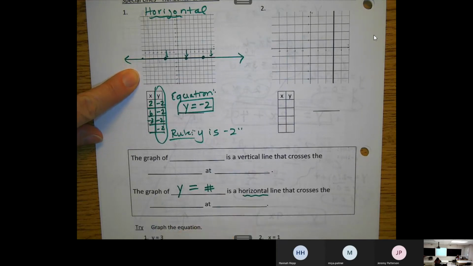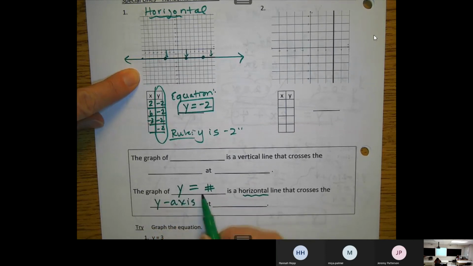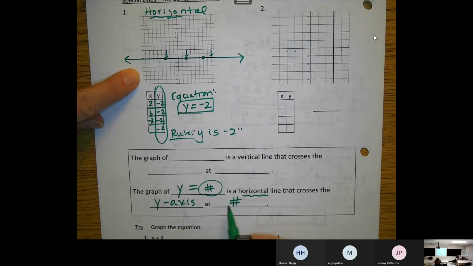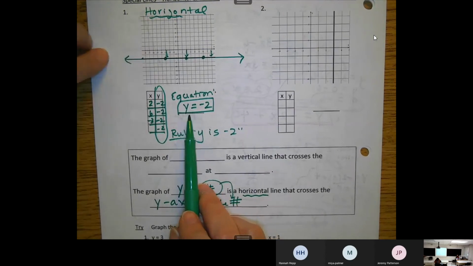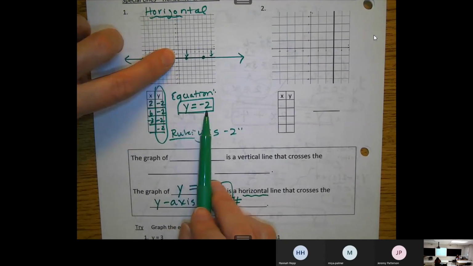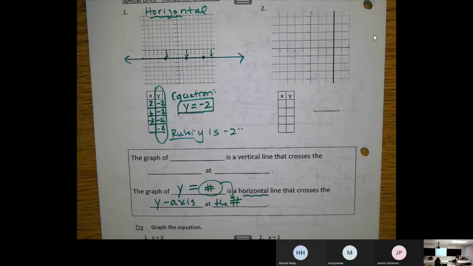Does it have an x-intercept or a y-intercept? Y, yeah, it crosses the y-axis. And where it crosses is at that very number. So the equation kind of tells us everything we need to know. This line is going to cross the y-axis at -2.